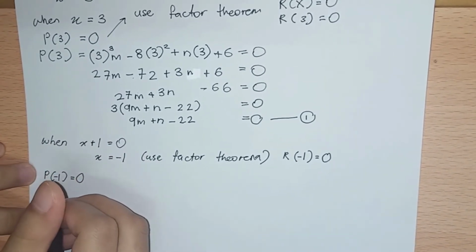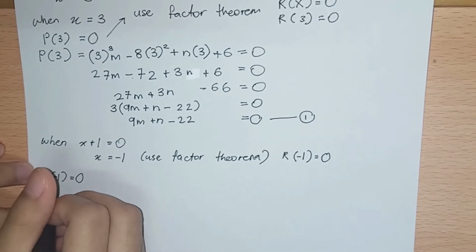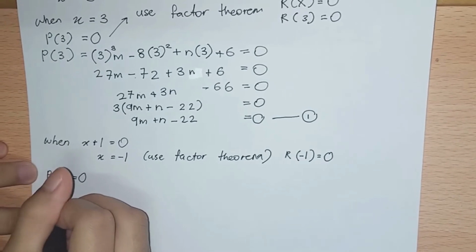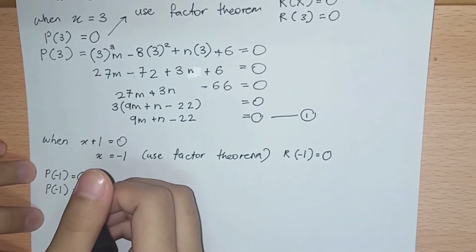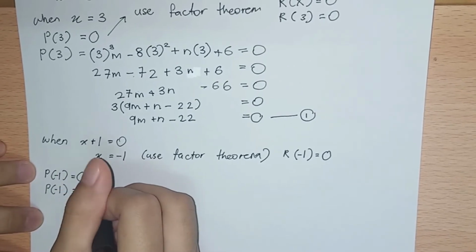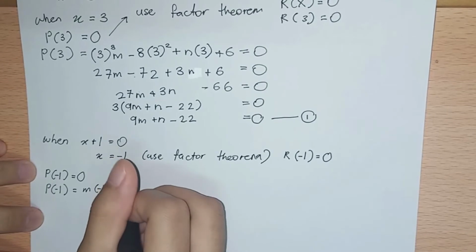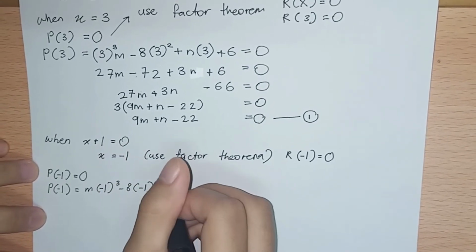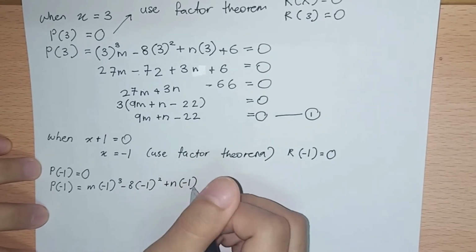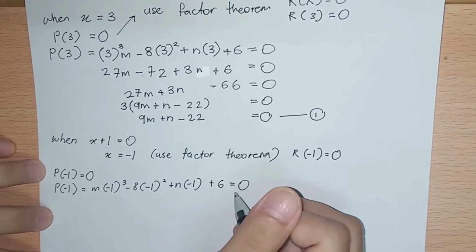So we substitute negative 1 into the original equation. P(−1) is equal to m(−1)³ − 8(−1)² + n(−1) + 6 equal to 0.